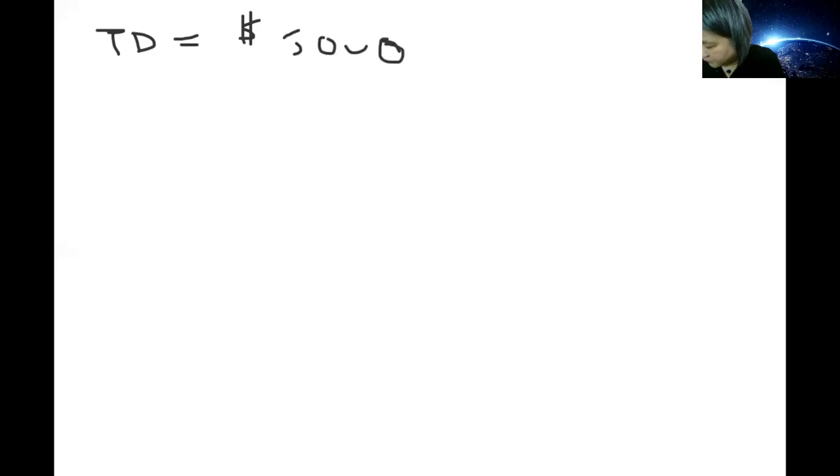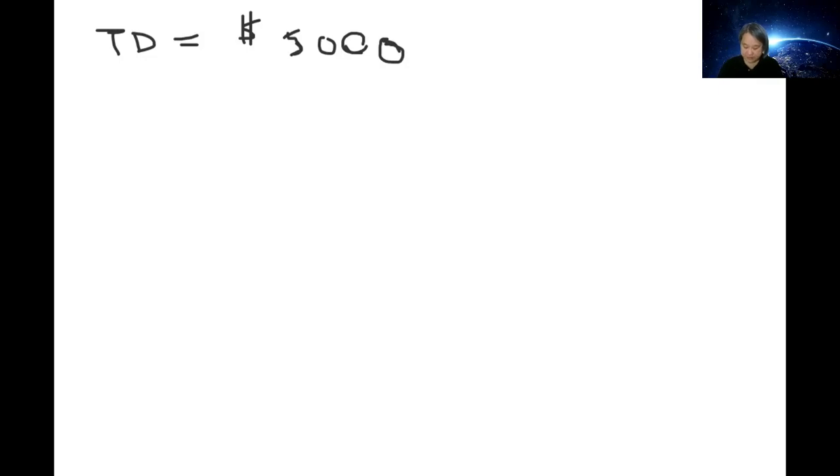I hate this stylus pen, and my writing looks like I'm in kindergarten, so I apologize. I'm going to move my whiteboard somewhere else so I don't look like I'm in grade school.